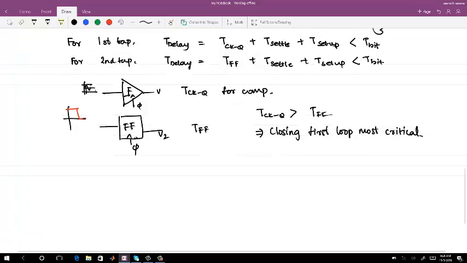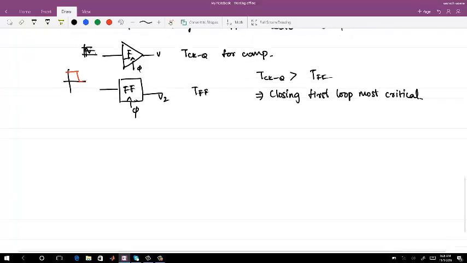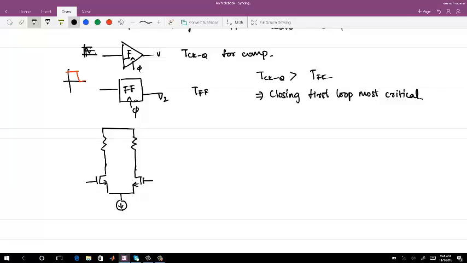So let's see how the actual implementation goes, so that we can see if we can do something with the circuit. The actual implementation is you have a load resistance, and surely we do not normally use any active load because that adds more parasitics, a capacitor and a current source. This is V in difference.